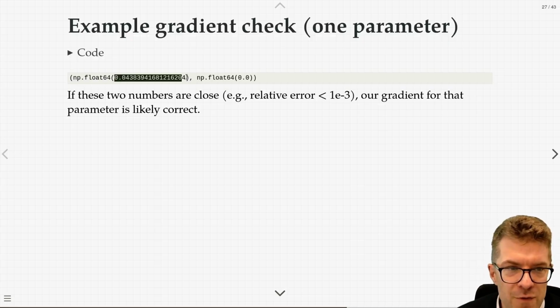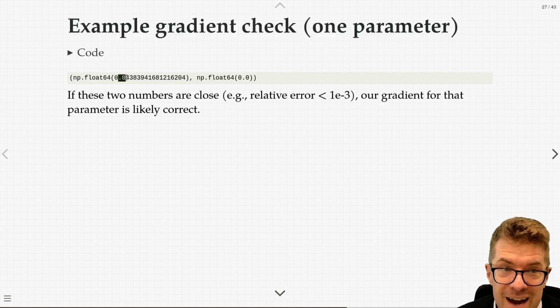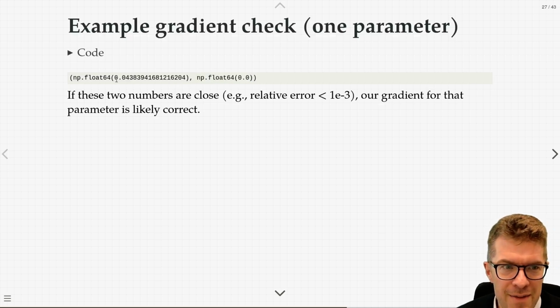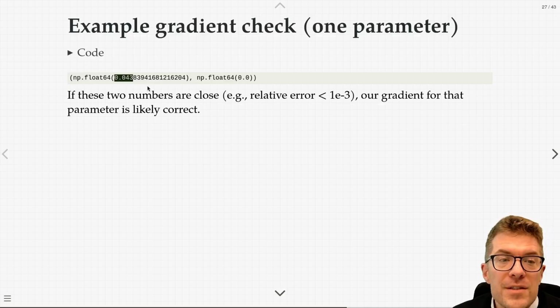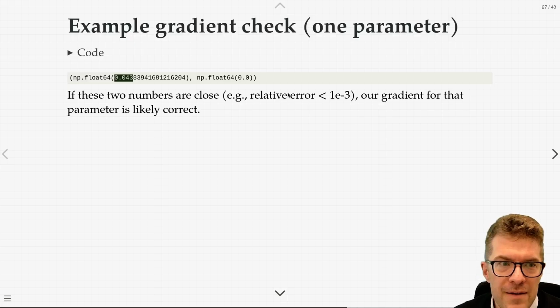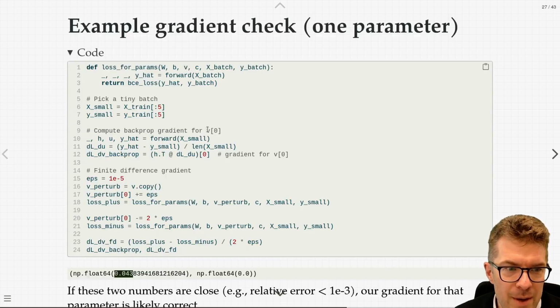So here are those two values. They're kind of close. The local derivative is 0, and the more conceptual one is 0.0438, 39, and so on. If this difference is still within the relative error that I've added, then I'm happy. And in this case, the epsilon is a lot smaller.